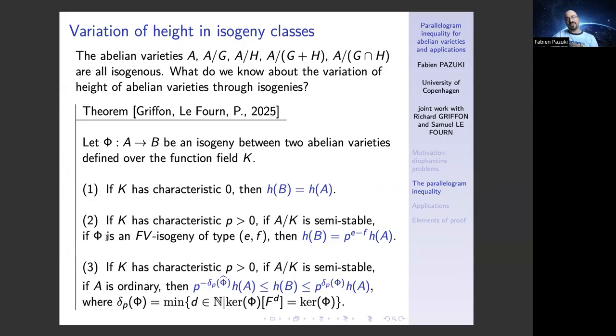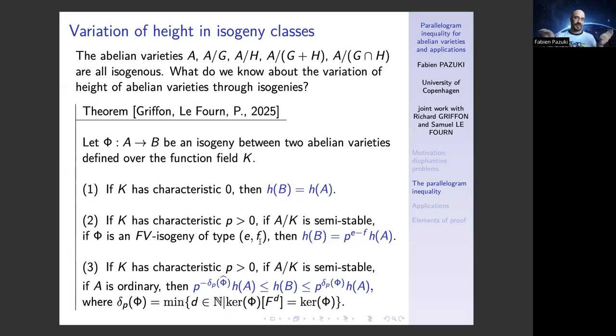So what is an FV isogeny? It's not a standard definition. Let me define it now. What it means is that your isogeny can be decomposed as a composition of e times a Frobenius and f times a Verschiebung, in the order you want. So you're not forced to start with the Verschiebung or the Frobenius.